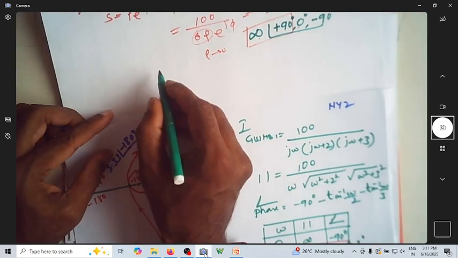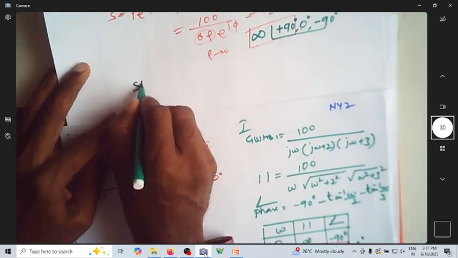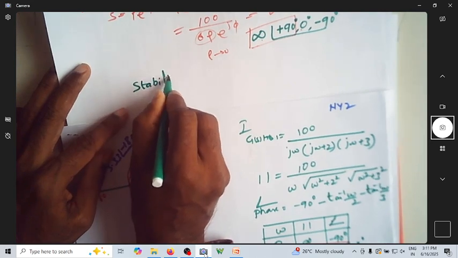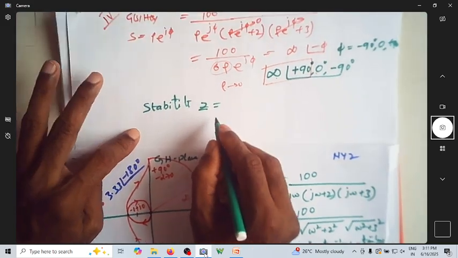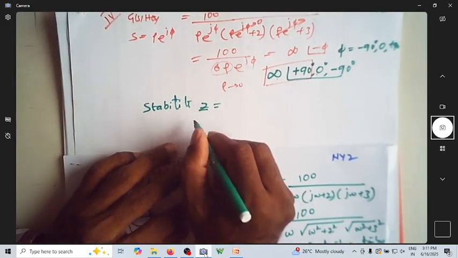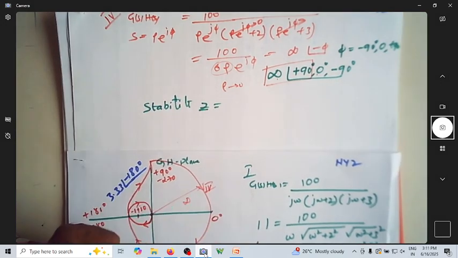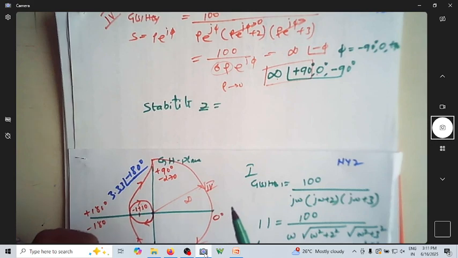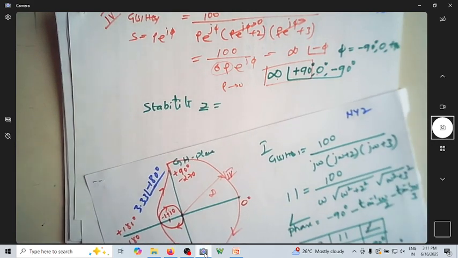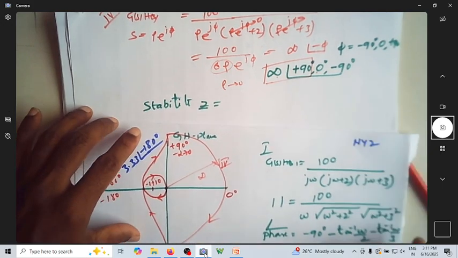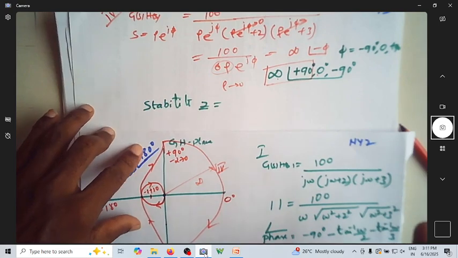Now we need to find what is the stability of the system. Stability of the system is to know the value of Z. What is this Z? Z is nothing but number of zeros of 1 plus G(s) H(s), or 1 plus F(s), enclosed by the Nyquist contour.